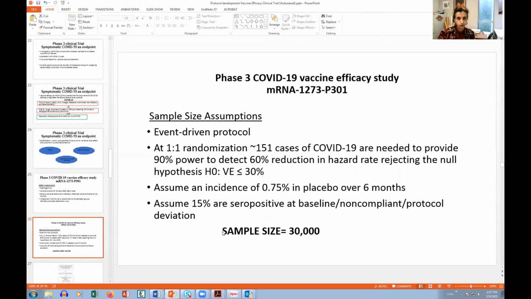With a one-to-one randomization, we needed 151 cases of COVID-19 to provide 90% power to detect a 60% reduction in the hazard rate, rejecting a lower bound of 30%. And we assumed an incidence of 0.75% in placebo over 6 months. Assuming 15% were to drop out, we arrived at the sample size of 30,000.